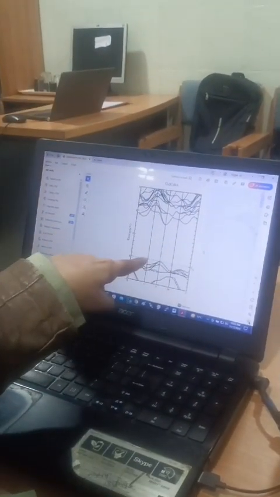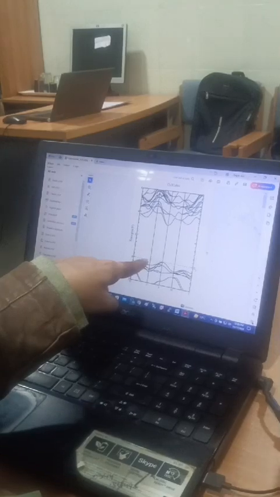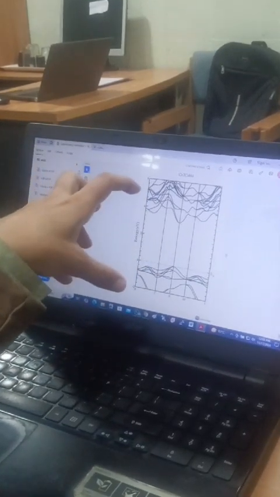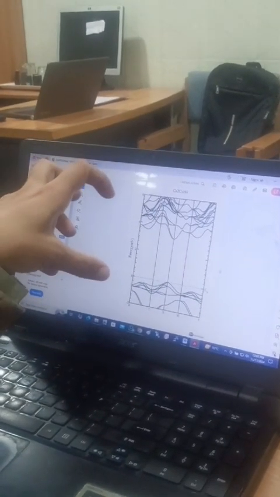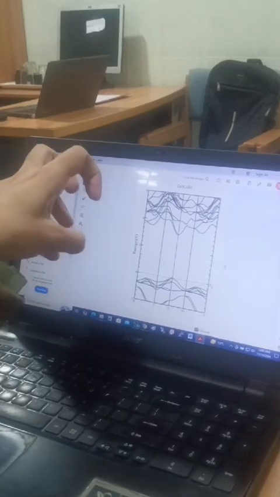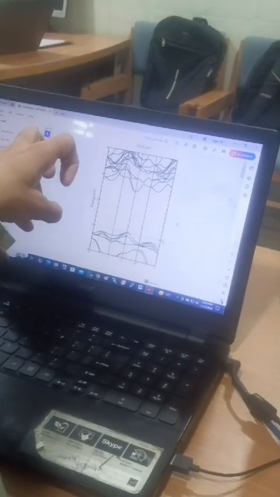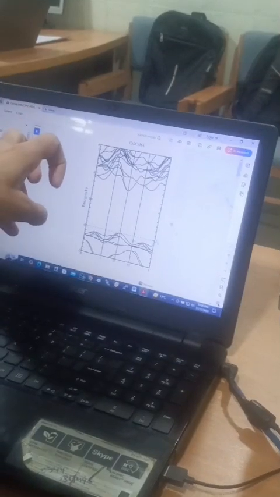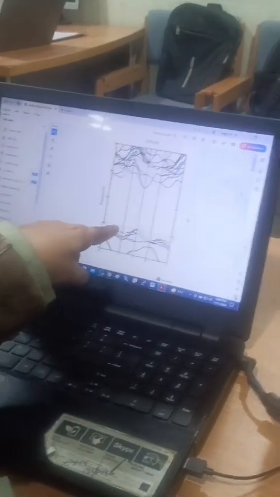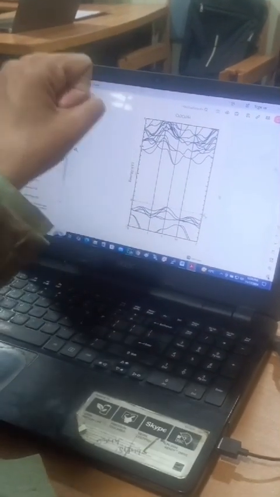The Fermi energy or Fermi level is also described as the ground state energy of your material. It means all the valence electrons are lying in the ground state energy. We can also say that the Fermi level is the maximum energy level of the valence band.